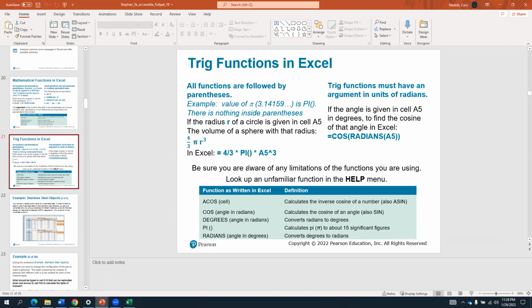And in Excel, if you want to use pi, you would type in the equal sign, 4 divided by 3 times pi, open, close parentheses, times A5 to the power of 3, right?